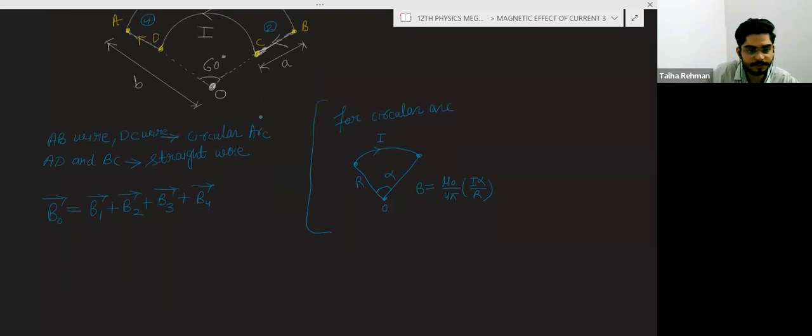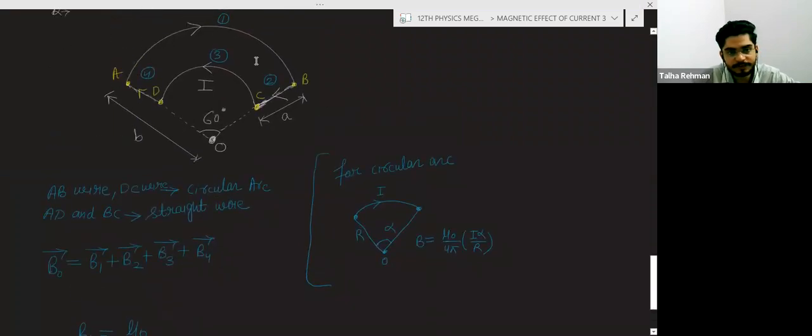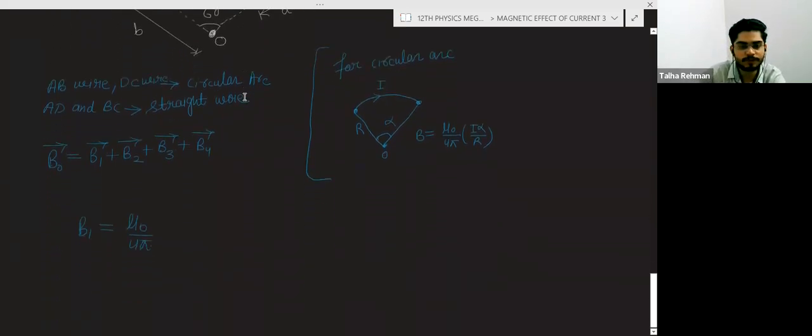Just calculate B1, the magnetic field due to wire 1. You will apply this formula, mu naught upon 4 pi, current I is flowing.